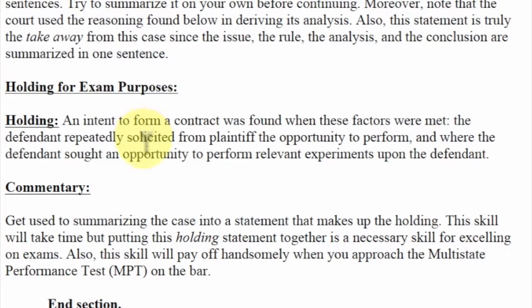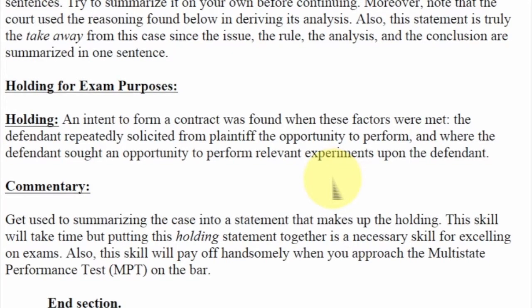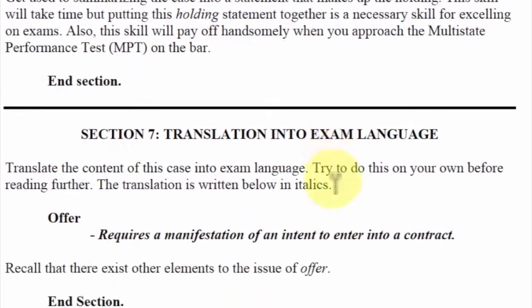That's down the line for many of you. Keep in mind that at the most, use two sentences. Here, I stated one sentence: an intention to form a contract was found when these factors were met. I use a colon there, and that gives me space to put this in one sentence. But at the most, I would use two sentences.